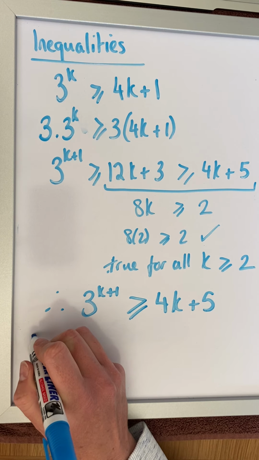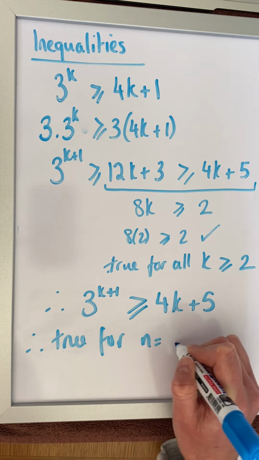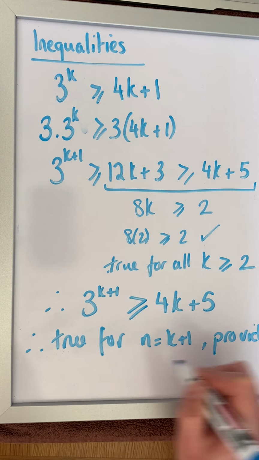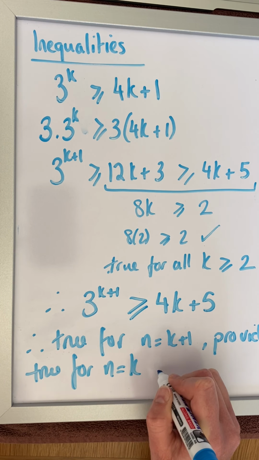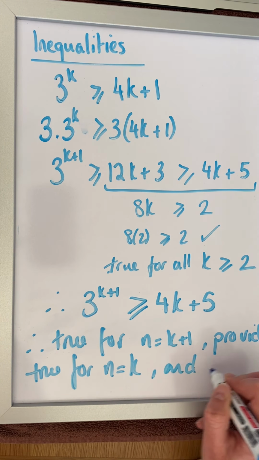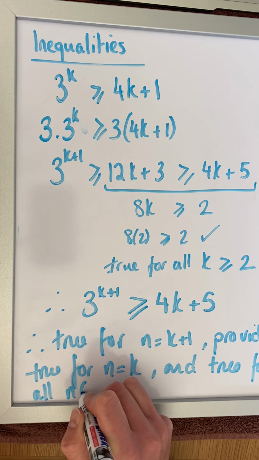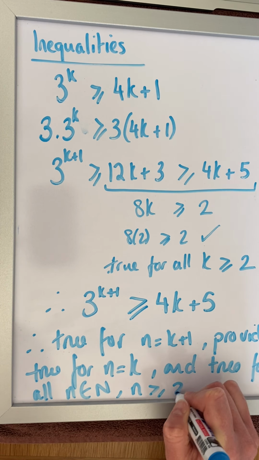So we say that therefore it is true for n equals k plus 1, provided true for n equals k, and true for all n an element of the natural numbers and n greater than or equal to 2.